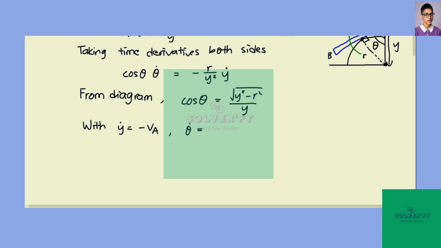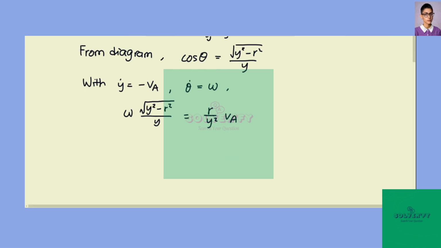So we have omega times cosine theta, which is the square root of y square minus r square divided by y, is equal to r over y square times VA. Okay, then omega will just be r times VA divided by y square times y square minus r square to the power half.